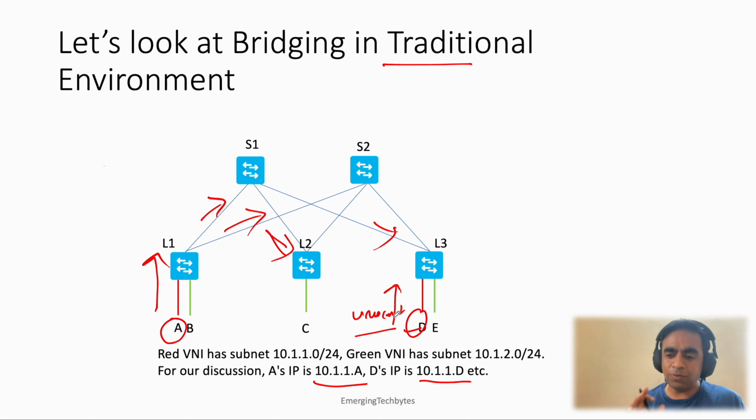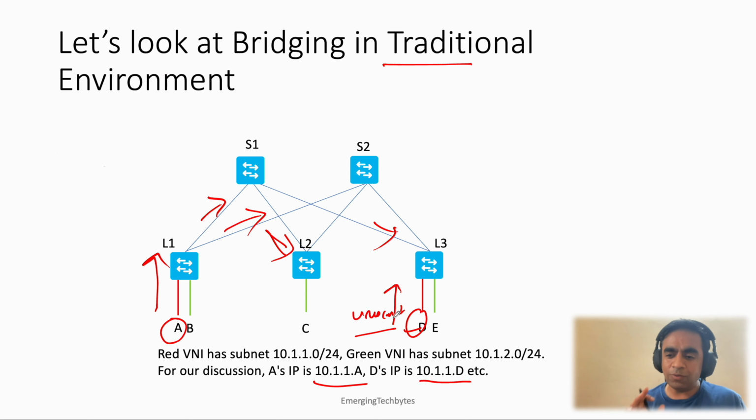Let's say that from L1 the packet goes to S1, because this is broadcast and will go in every direction. From S1 it will go to L2, because L2 is directly connected. Now with L2, S2 is connected, and then S2 can send back to L1. That means there is a loop here.